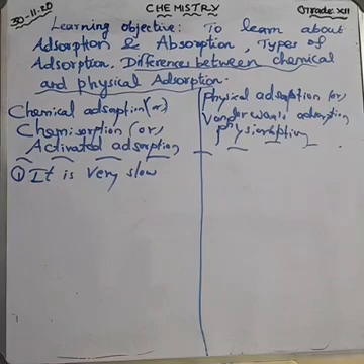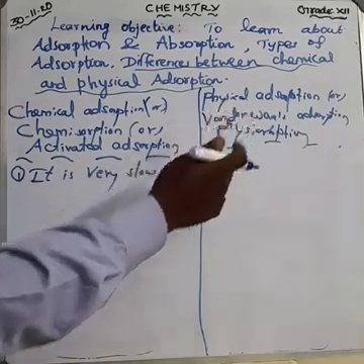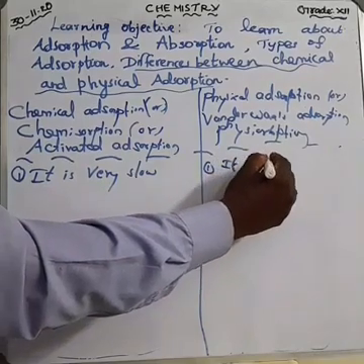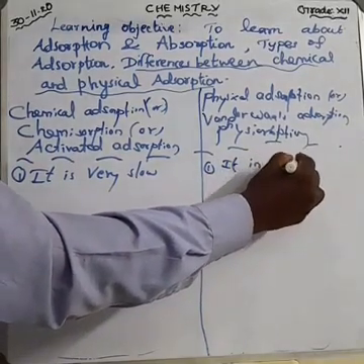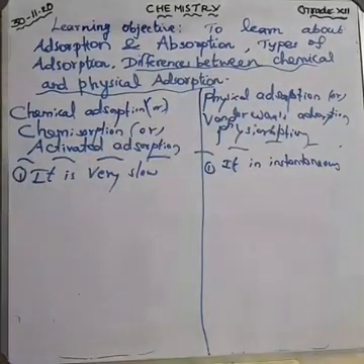Physical adsorption is instantaneous, meaning immediately, or quickly. Chemical adsorption is very slow. And the second point.